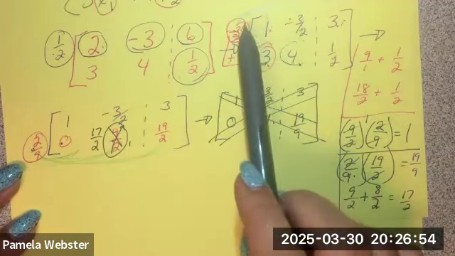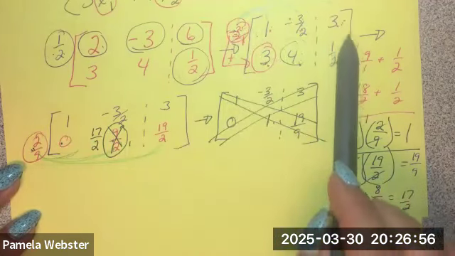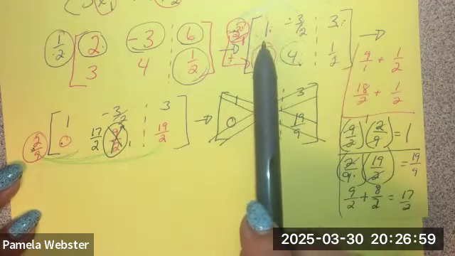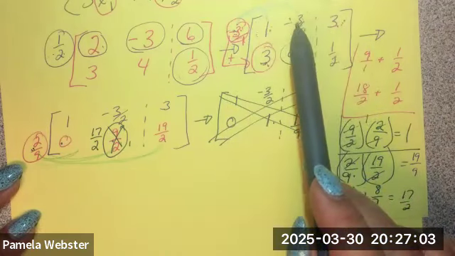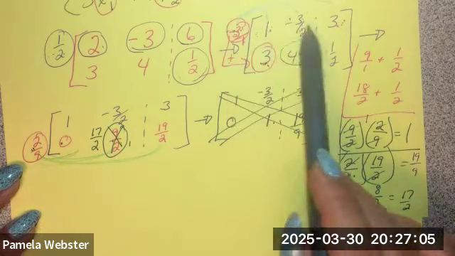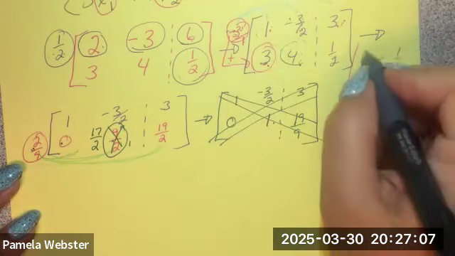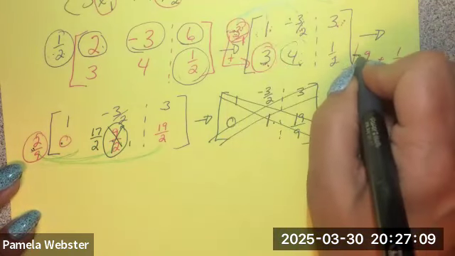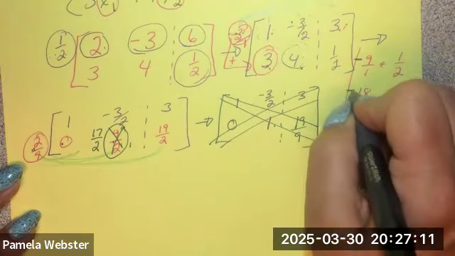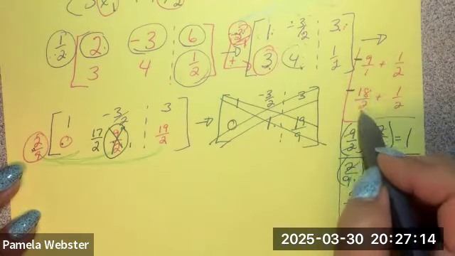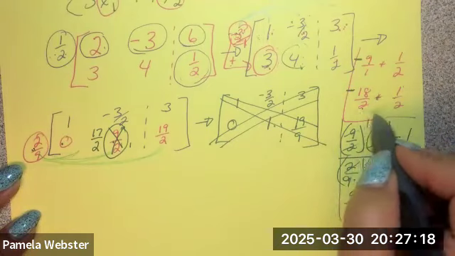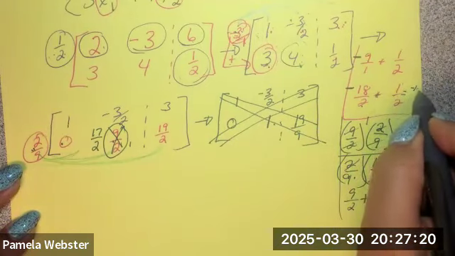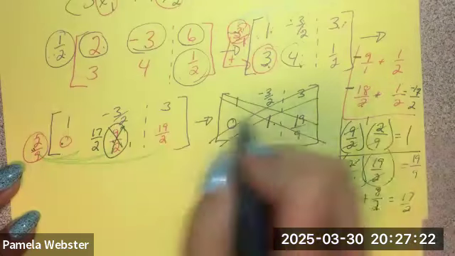Okay. And then let's just double check here. -3 times 3. Oh, I went the wrong way on this one, didn't I? -3 times 3 is -9, -18/2 plus 1/2, that's where it is, -17/2.